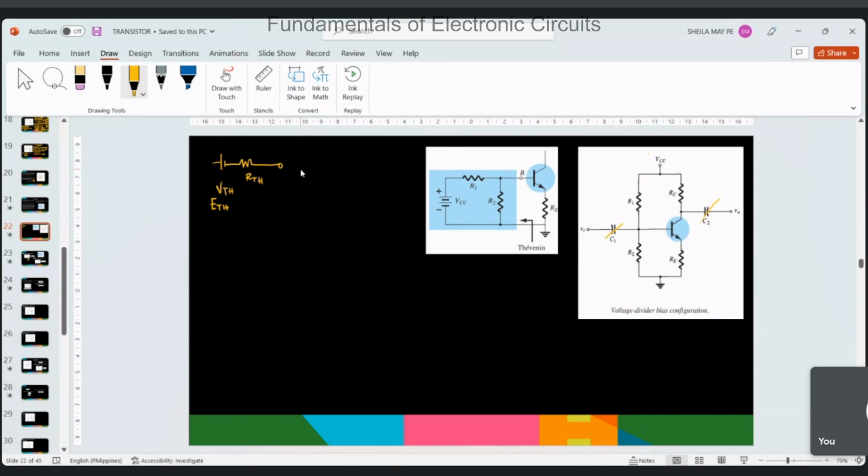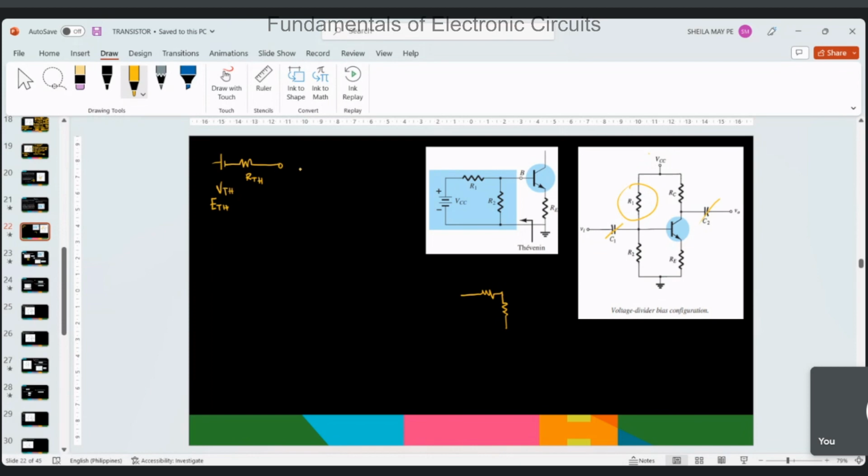To do that, for R1, if you imagine it, it is laid down. Okay, R1. And R1 is connected to our VCC.